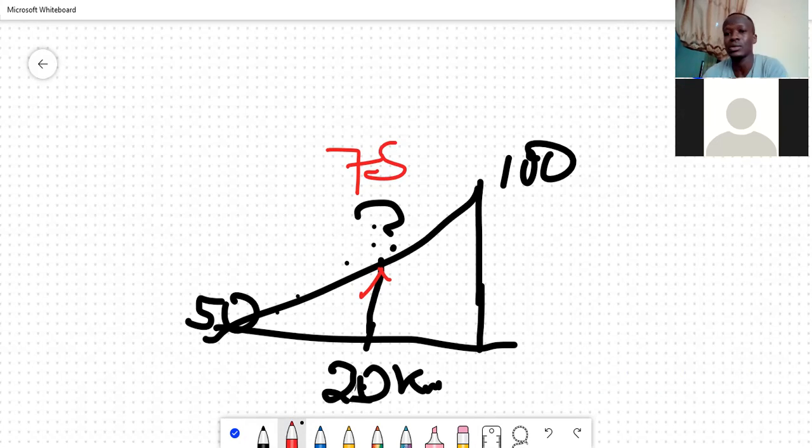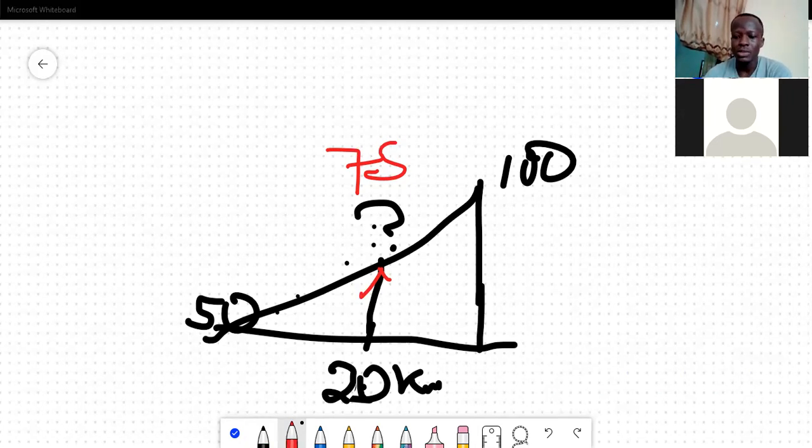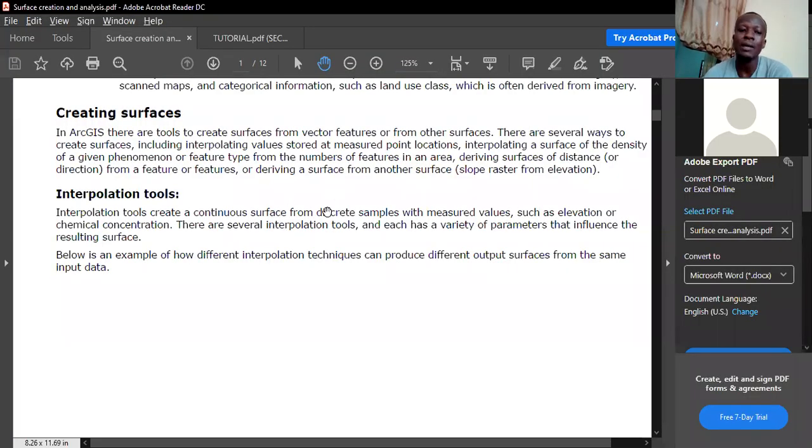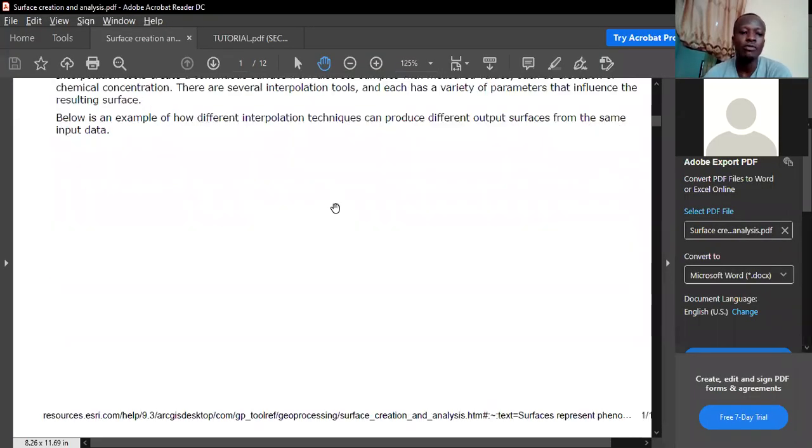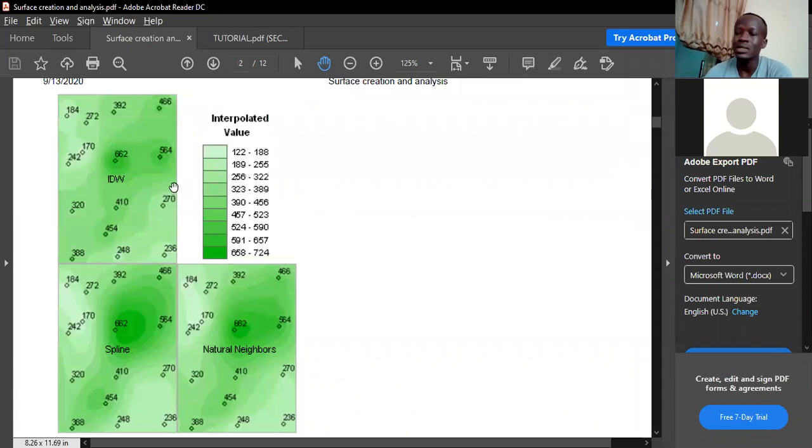I think we know this already, but I need to talk about it again. In surface analysis, in our bid to determine points of unknown value, we use interpolation. So in this example, you can see that for all these areas we don't have the values, but the points have values.